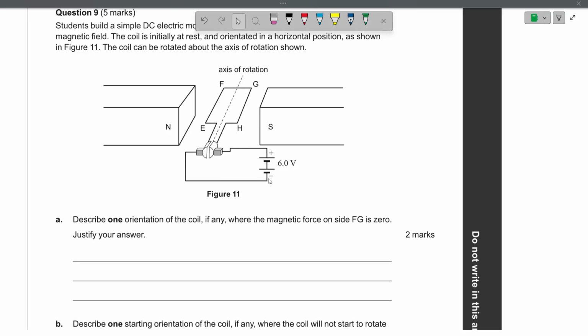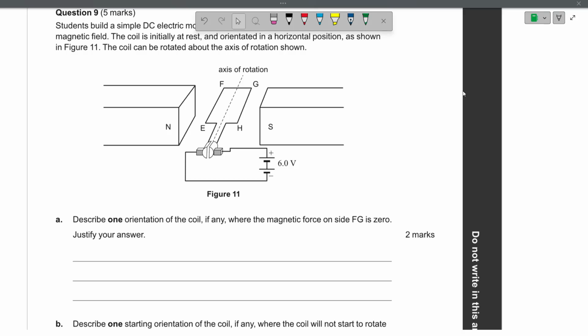We can imagine, so this is 6 volts driving a current like this around, at least in that position. We know from theory that when you have a current within a magnetic field, that current will experience a force anytime that current has a component perpendicular to the magnetic field.